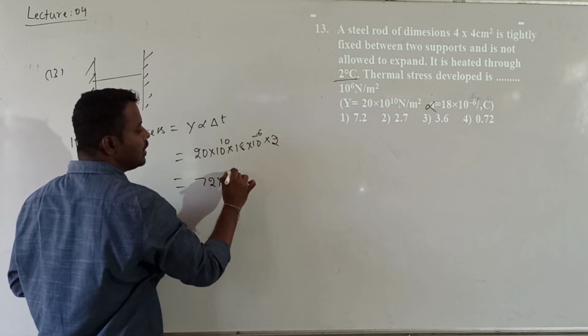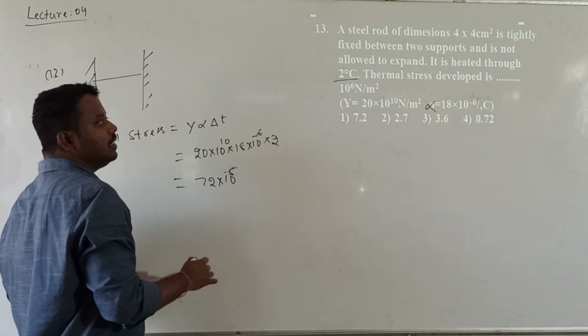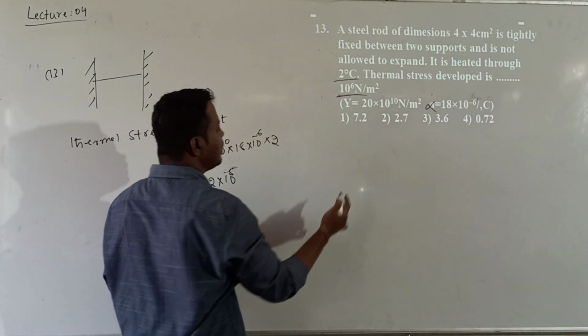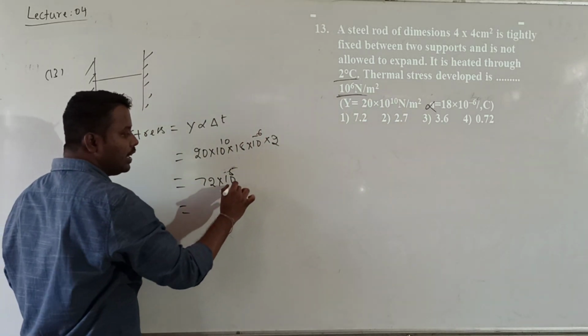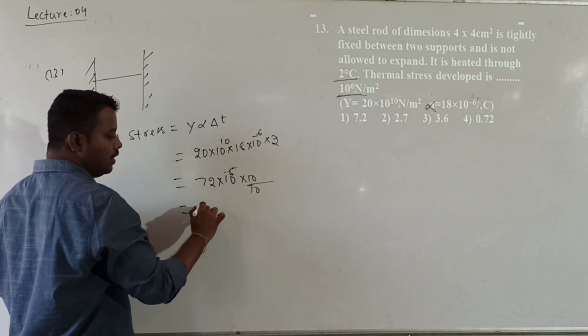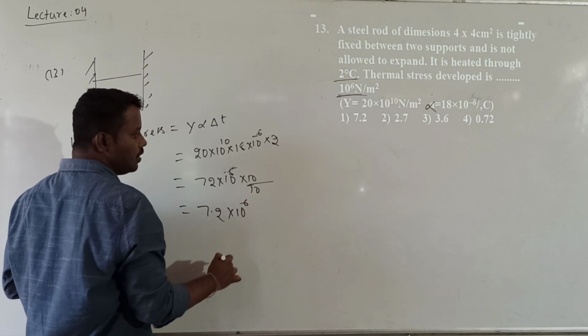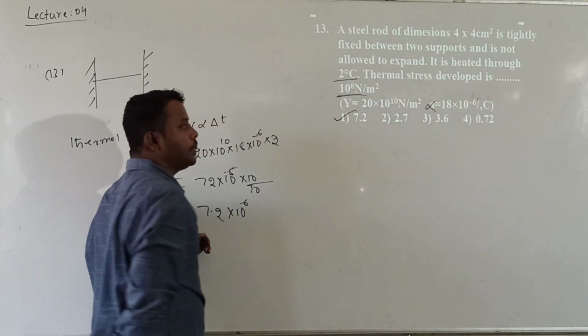So what will I get as the answer? 10 power of plus 1. They are asking for the answer in terms of 10 power 6, so can I multiply numerator and denominator with 10? Then the answer is 7.2 into 10 power of 6. So which option? First option.